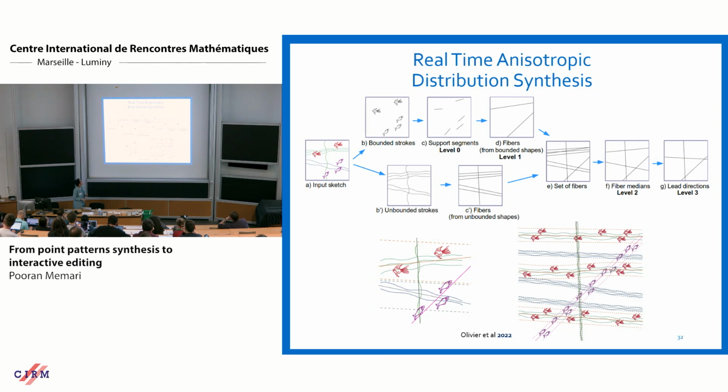At the very first level, we cluster based on the direction of each element, and we make it coarser and coarser so that at the very end we end up with what we call lead directions. In the synthesis part, we replicate this from coarse to fine, generating elements in a hierarchical way to obtain such a result.